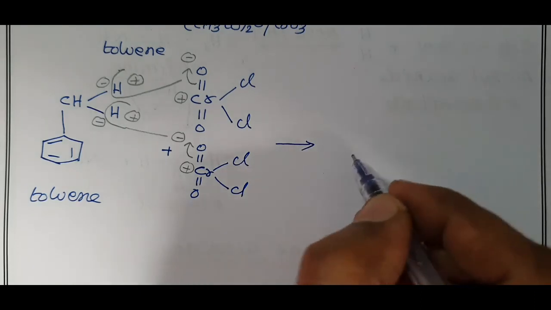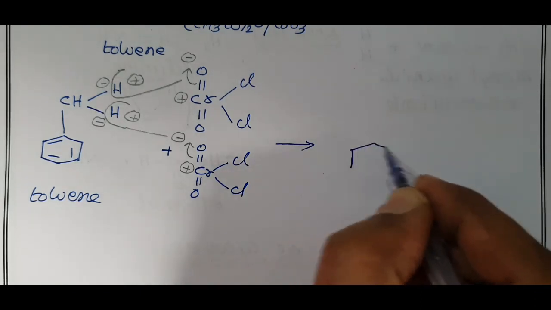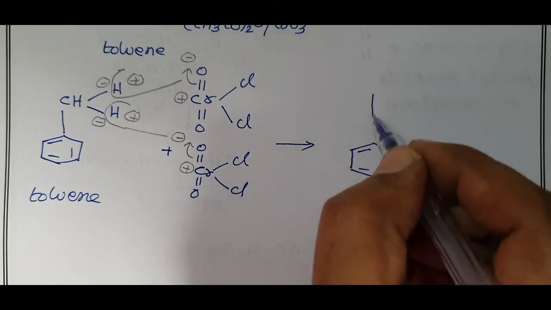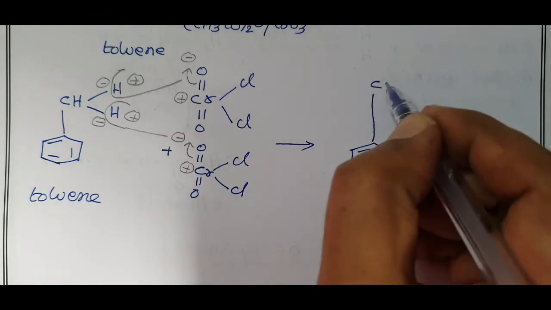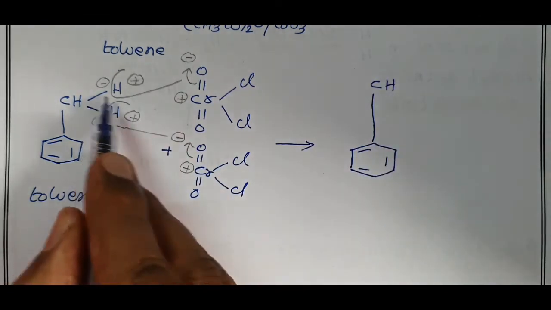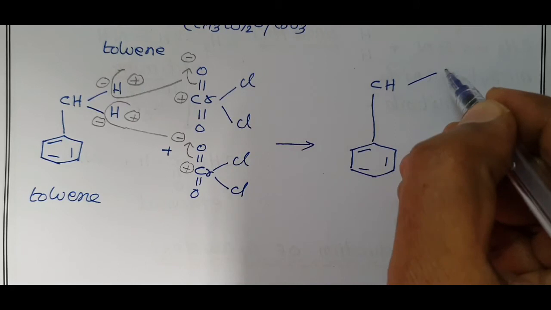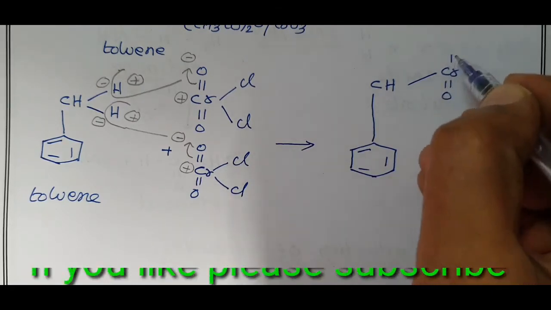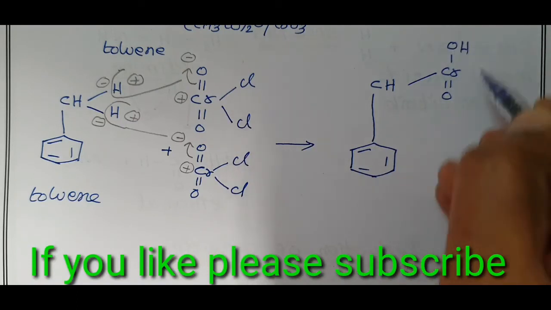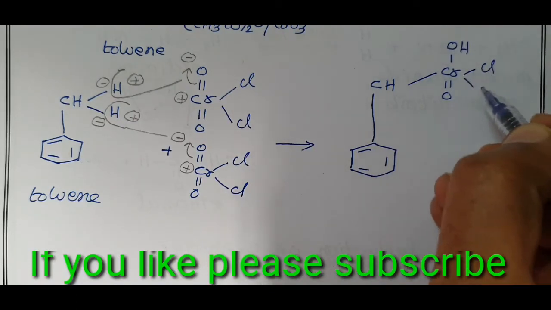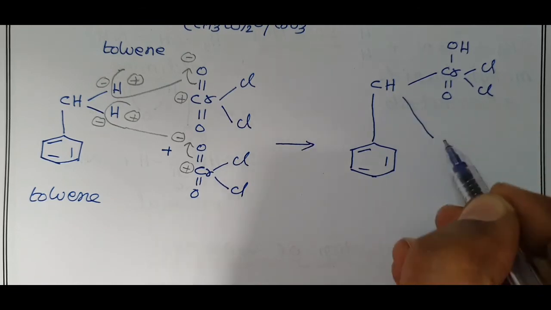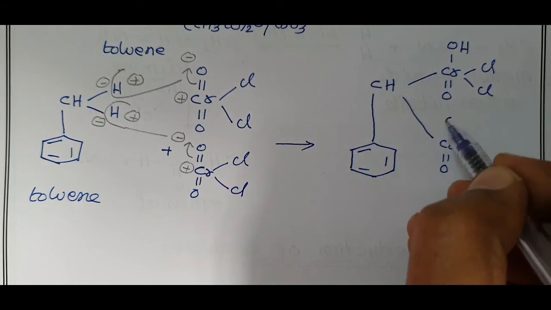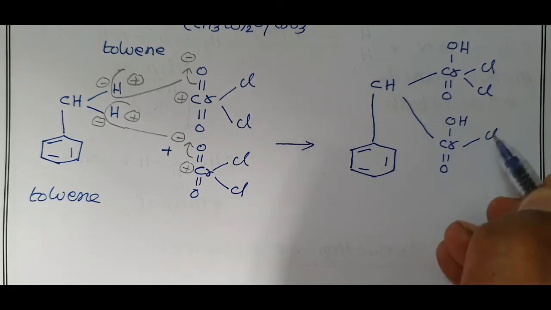It gives an intermediate compound: benzene ring C6H5, in this carbon we have one CH, and to that CH is added chromium Cr, which contains a double bond oxygen, here single bond OH, and two chlorine atoms. One more, Cr double bond O, here single bond OH, one chlorine, another chlorine.